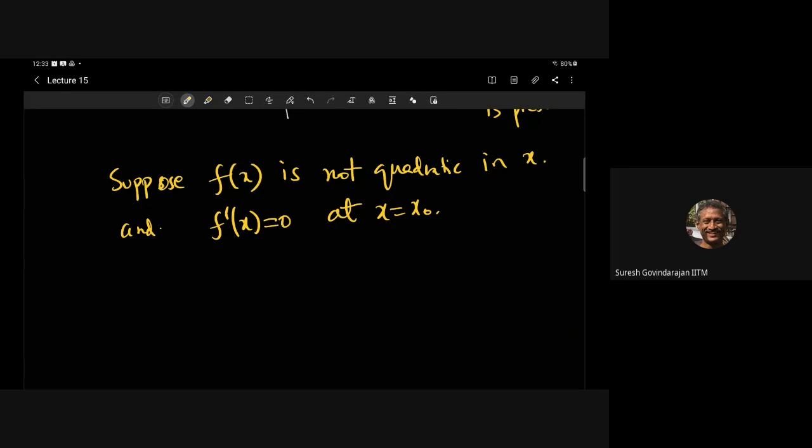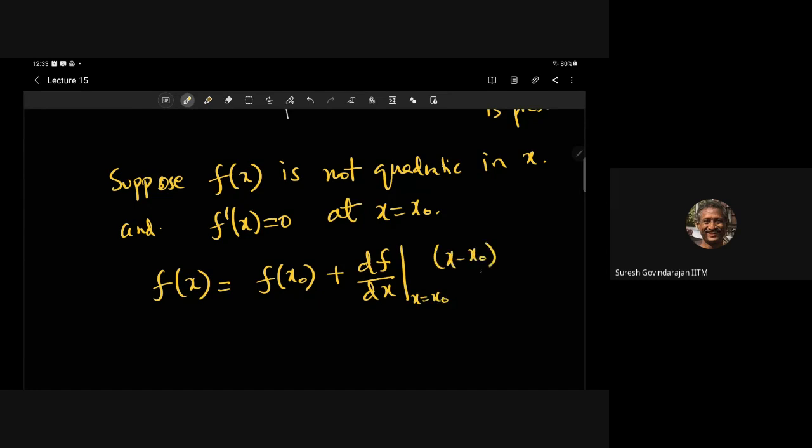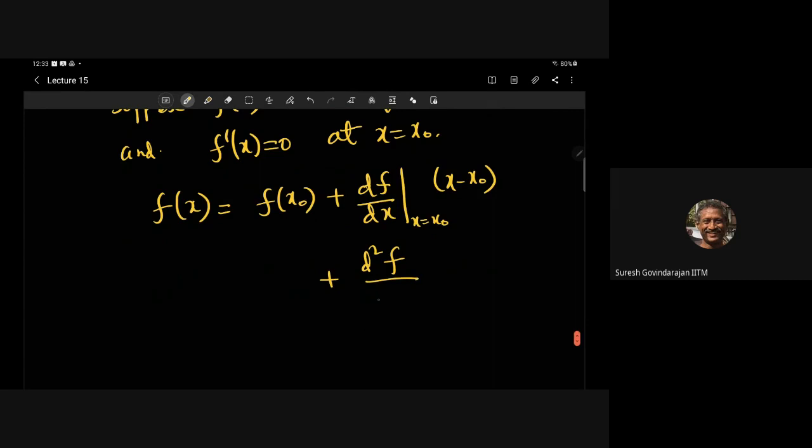Okay, so then in the neighborhood of x naught, we can write f of x as f of x naught plus df by dx at x equal to x naught times x minus x naught plus the higher terms.